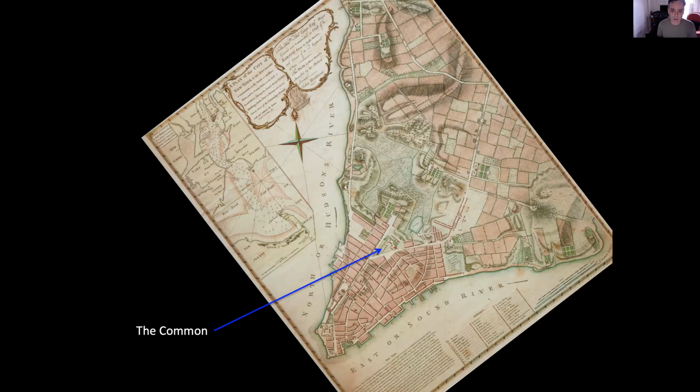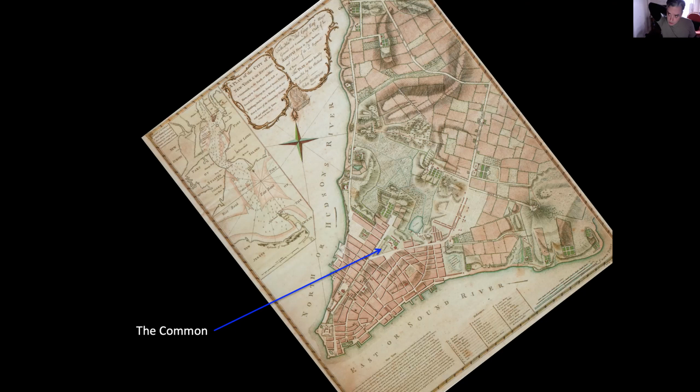The Sons of Liberty were one of these groups of rebels who would meet there, and they would get into arguments with the British soldiers who were stationed there. So the Common became this really contentious area.